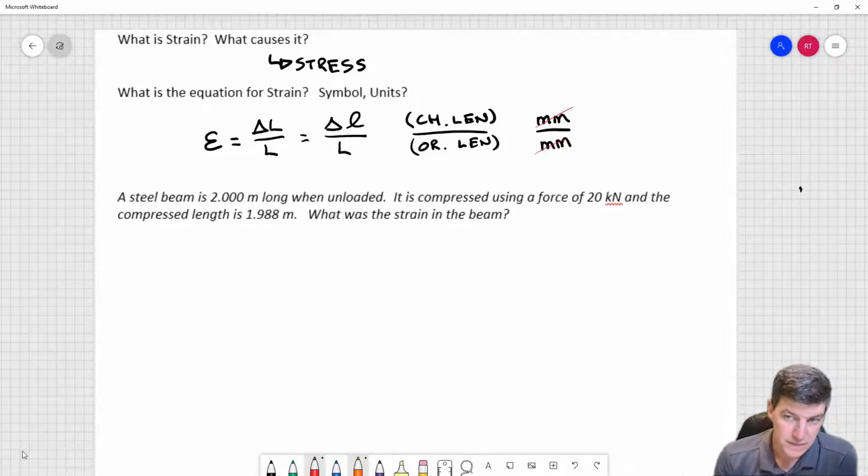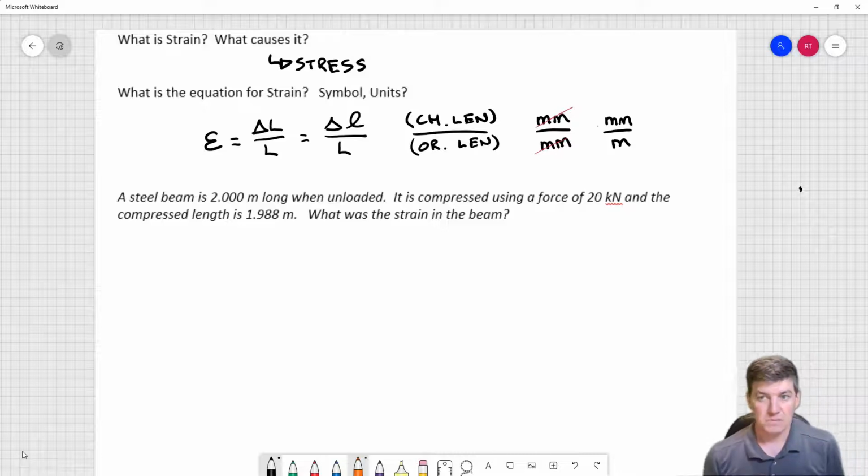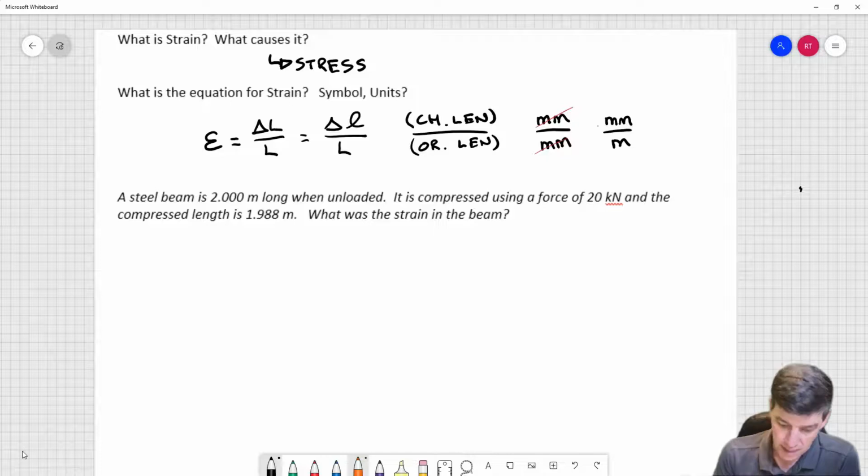Or sometimes we might use different units, like millimeters per meter or something, so that it becomes a larger value for something that is changing very little. But typically you're just going to have epsilon as a unitless number if both of those units cancel out.